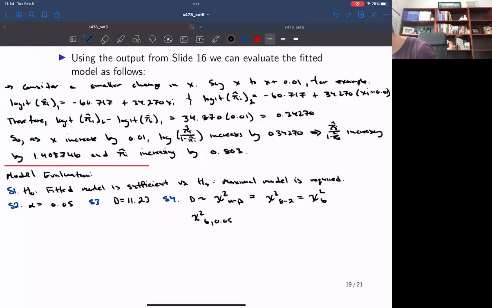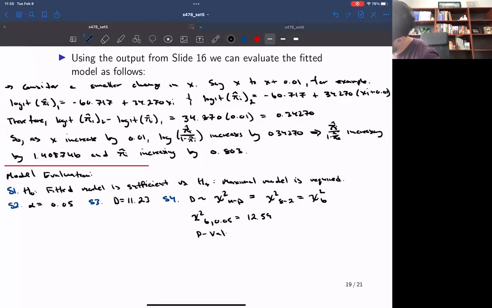All right, so a chi-square on 6 degrees of freedom at 0.05 is equal to 12.59, I believe. Oh yeah, there we go. Good memory. Toot my own horn, I guess.